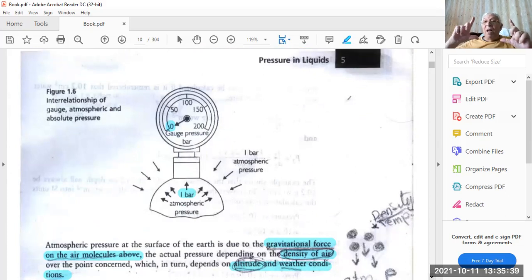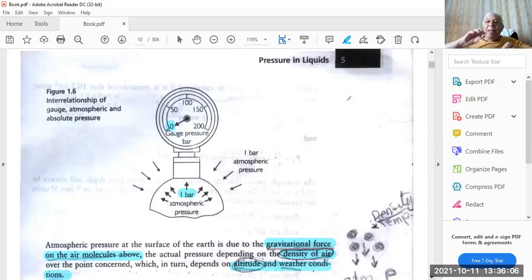This is the full reading pressure of an oxygen cylinder. Whenever I decrease the amount of oxygen, definitely the pressure will decrease up to whenever the cylinder is empty, it will yield a zero reading. It does not mean that there is no oxygen in the cylinder. No, there is oxygen in the cylinder at 1 atmosphere.